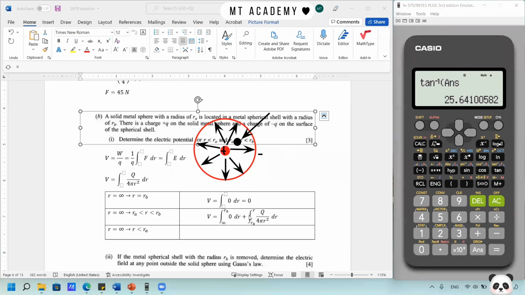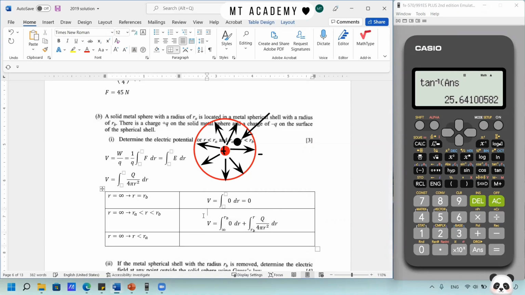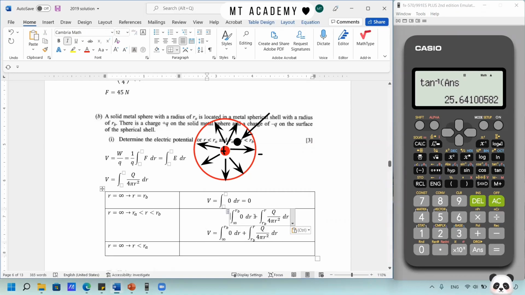Before we move into this formula, we have a prerequisite: it is equal to the force, and the force applied is in the opposite direction, so it will be a negative here. This one you need to be careful.